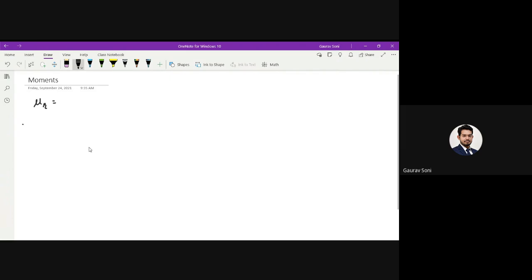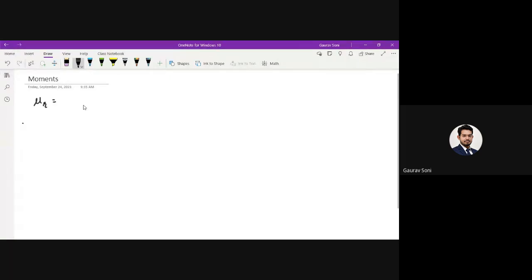So we saw the central moments. The moments calculated about the mean are also called the central moments. The formula for the same, we'll discuss in the frequency distribution one.